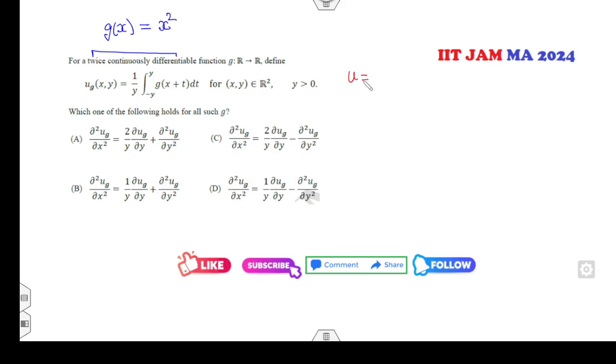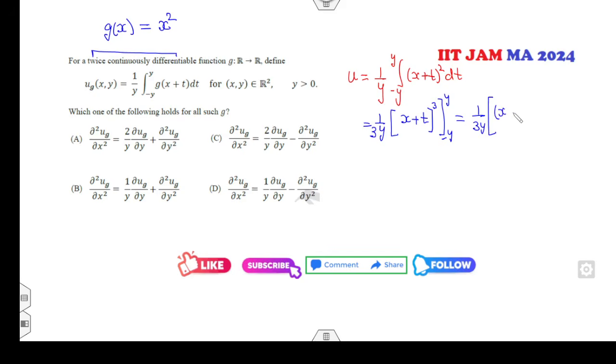देन व्हाट इज योर u? 1 over y integration from minus y to y of (x plus t) square. Integrate with respect to t, so that is a 3 is outside, (x plus t) cube from minus y to plus y. 1 over 3y, (x plus y) cube minus (x minus y) cube.